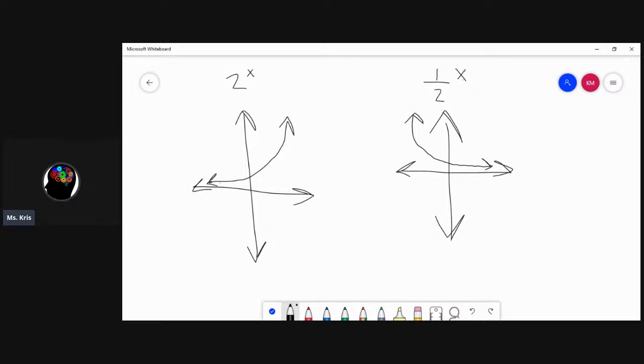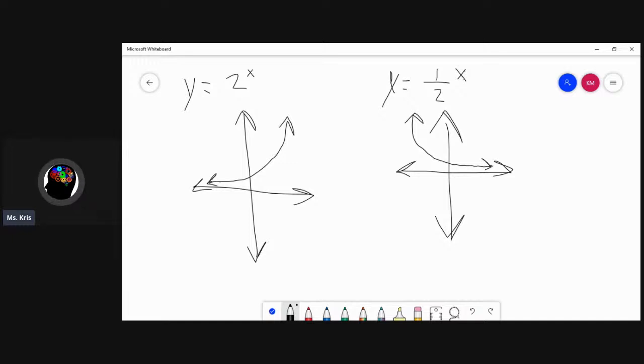So 2 to the x, which is your growth, where y equals 2 to the x, or y equals 1/2 to the x. Know that the whole number, because it's greater than 1, is a growth.